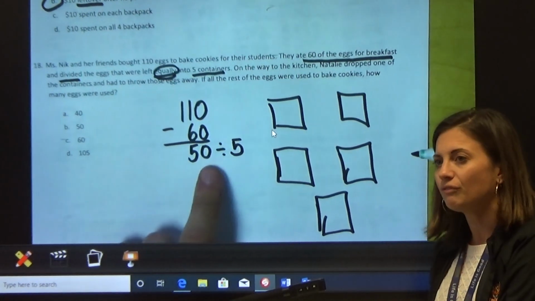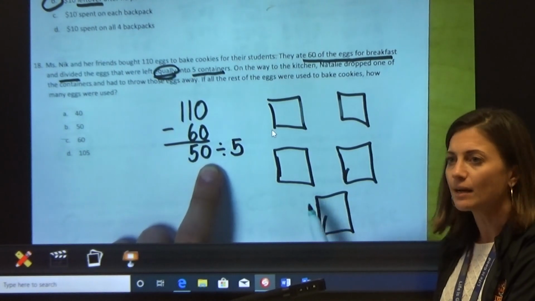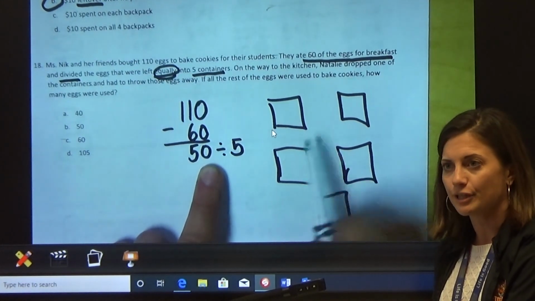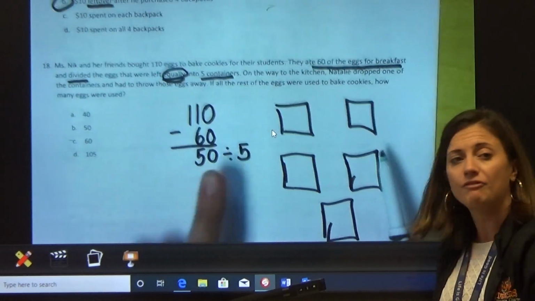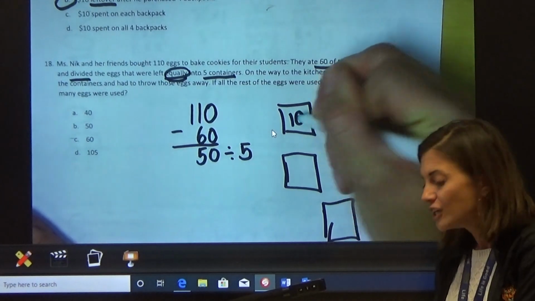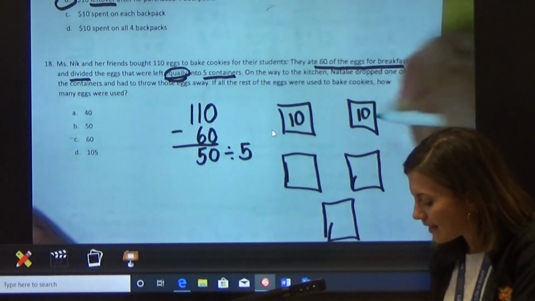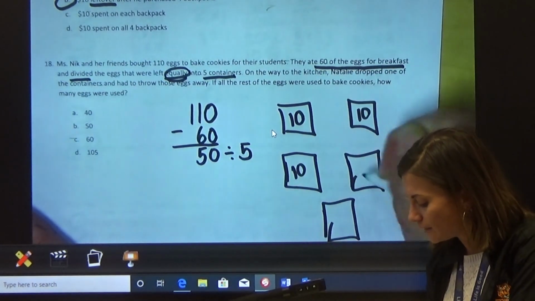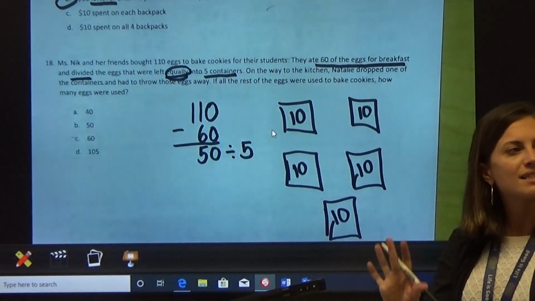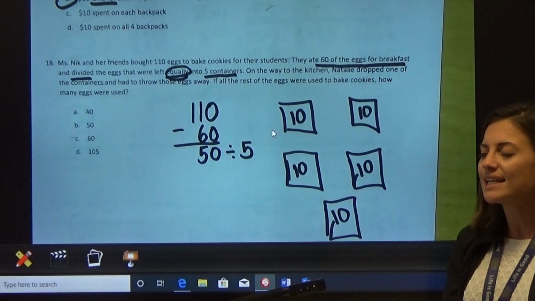Well, I'm starting with 50, and then I'm breaking them up into 5 different containers. But I want to know how many can I fit in each container? 10. 10 eggs in each container. So 10 in this one, 10 in this one, 10 here, 10 here, and 10 here. So now I've put all my eggs in their containers. There's 10 in each one.